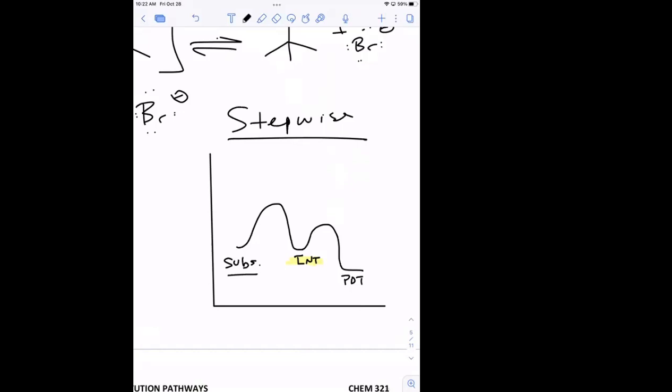When we talked about the SN2, what type of mechanism was that? Anybody remember? It's concerted. It all happens at the same time. So it's concerted as opposed to stepwise. Those are your two types of mechanisms, concerted versus stepwise.